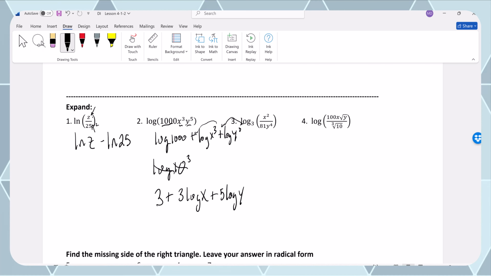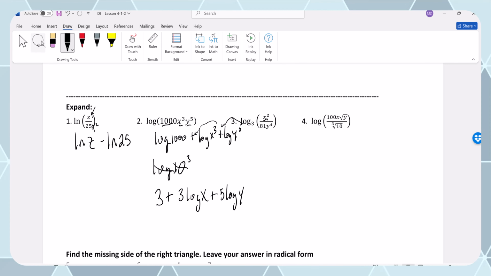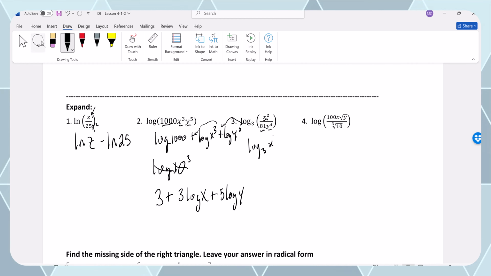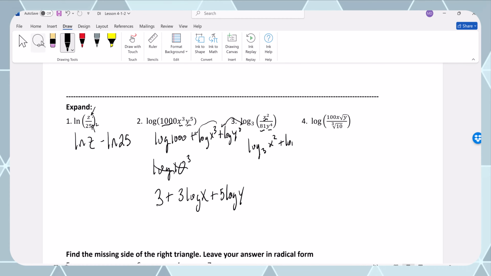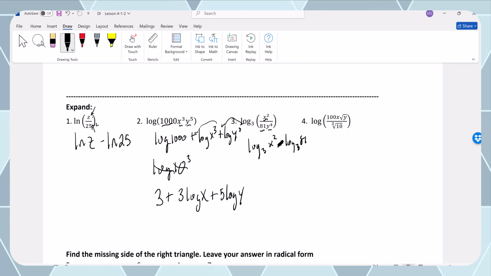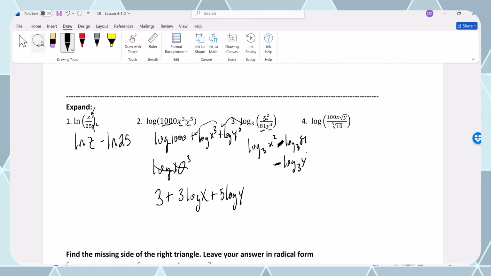I have 1, 2, 3 factors. So that's 3 logs. So it'll be log base 3 of x squared plus log base 3 of 81. Sorry, that's minus log base 3 of y to the fourth.